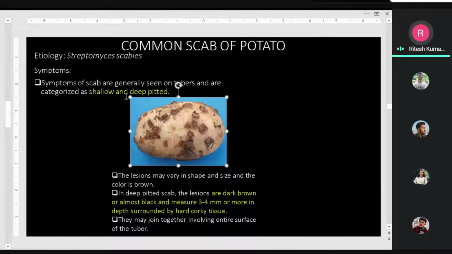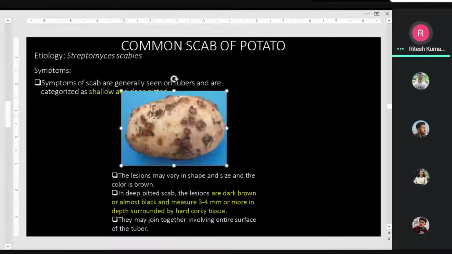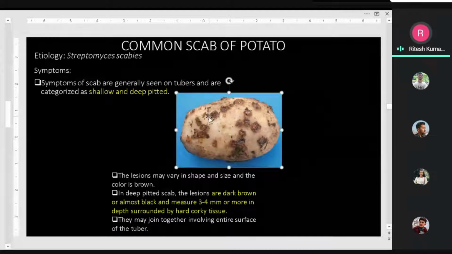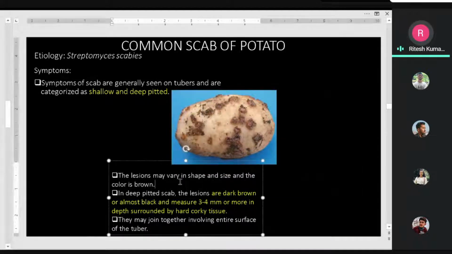So one might get easily confused if he or she has not seen this. Generally it is of two types, shallow and deep pitted types. So some kind of rough areas on the tuber skin is seen, and some kind of pitting is seen, and that is surrounded by some kind of corky layer.